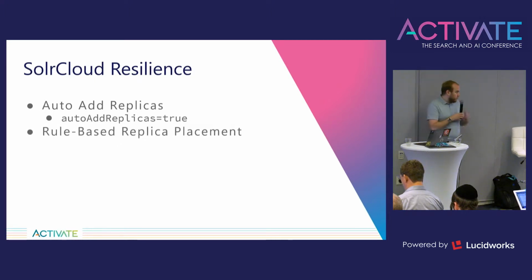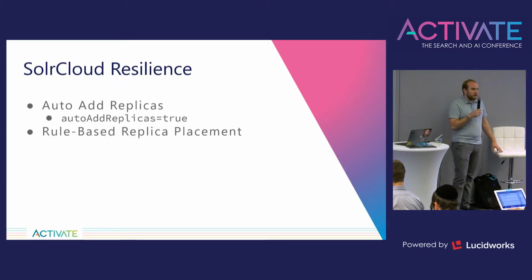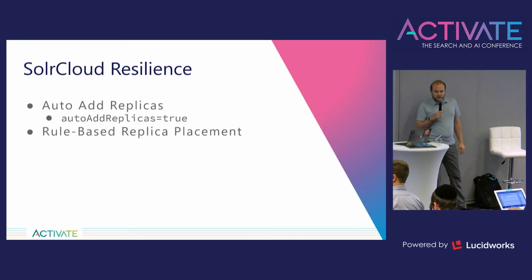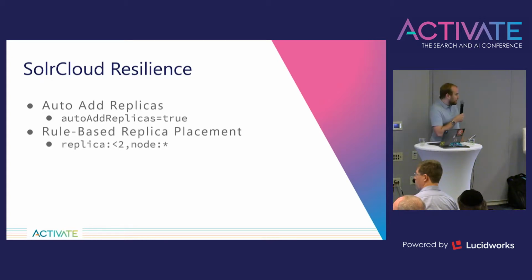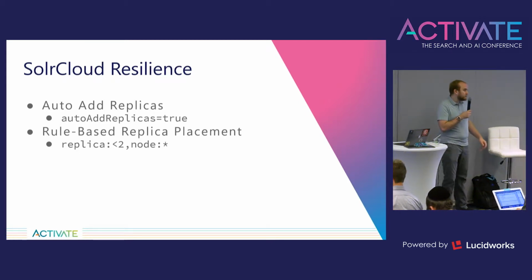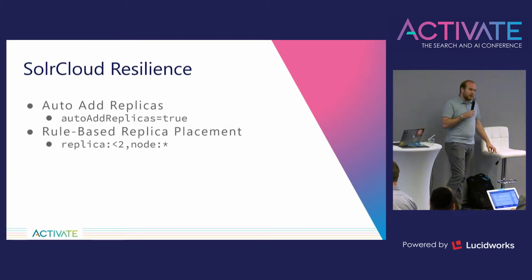And then we also use rule-based replica placement to make sure that when we create a collection or create new replicas, we don't want the same replica of any shard being co-located on the same node, because we don't want to lose two replicas if one node goes down. So we use rule-based replica placement to make sure that this is enforced: less than two of the replicas on any node.